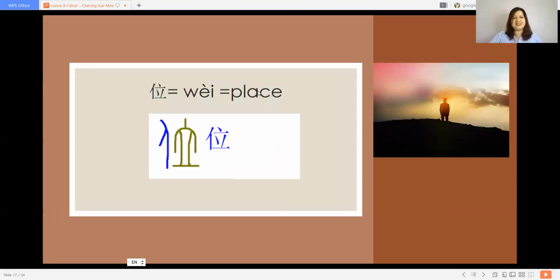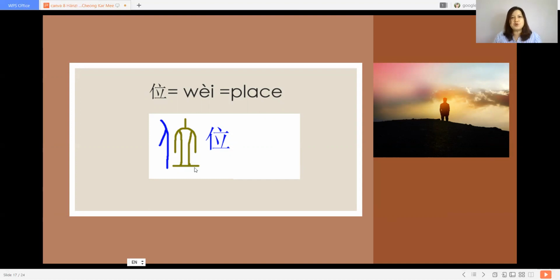How about this one? Okay, this word is interesting. Just now the cai, we divided into upper part and lower part. And this character, we divide into left side and right hand side. The left hand side actually is like a human. It's like a human standing with two legs open apart. And the right hand side of the word is li. Li means stem.